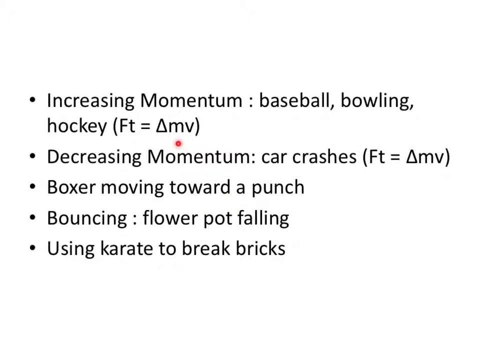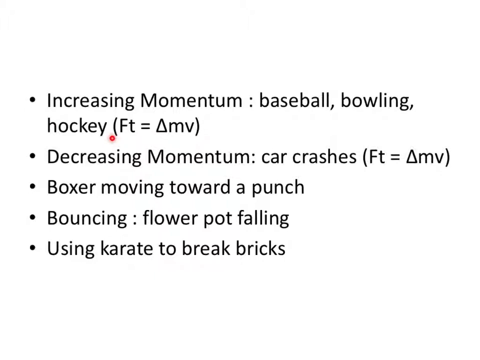The same argument goes with bowling. When you're trying to throw the ball down the alley as fast as possible, you want to, again, follow through to make sure that your contact time between the hand and the bowling ball is maximum. Slap shot in hockey, same principle.